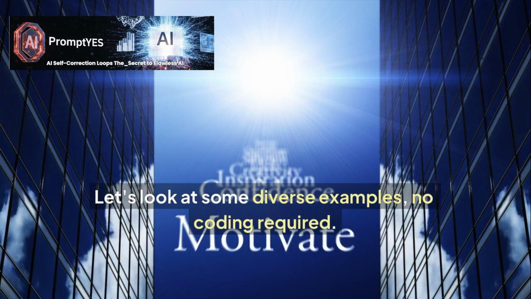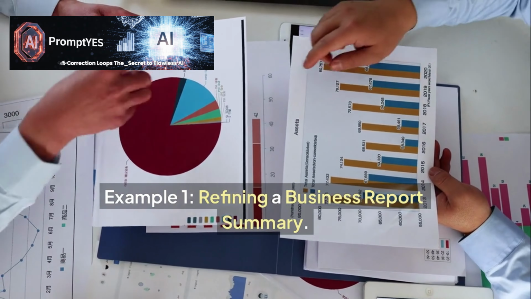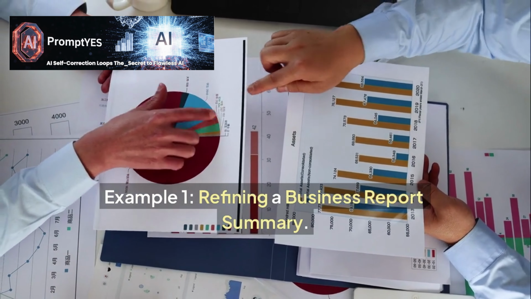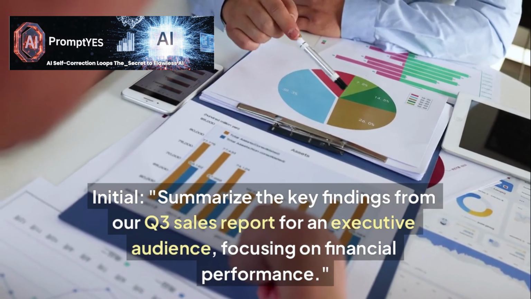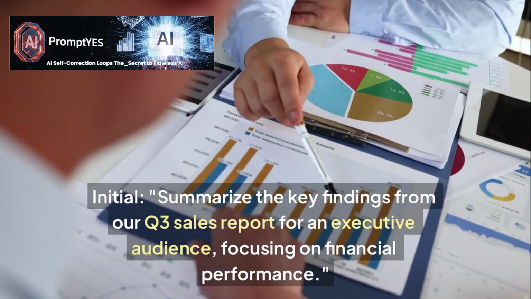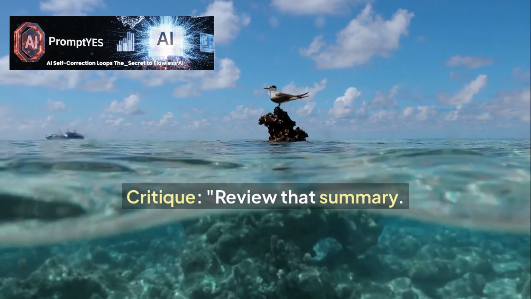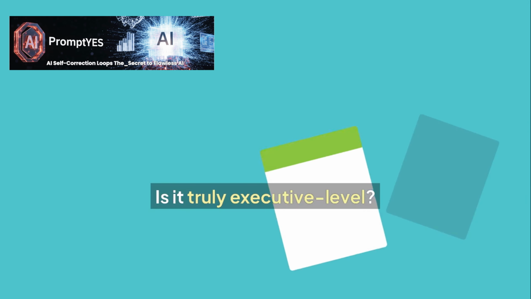Let's look at some diverse examples, no coding required. Example 1. Refining a business report summary. Initial. Summarize the key findings from our Q3 sales report for an executive audience, focusing on financial performance. Critique. Review that summary. Is it truly executive level?